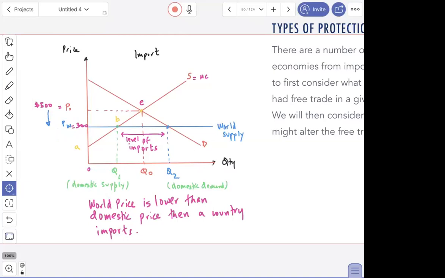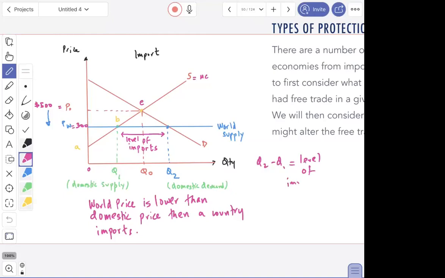Q2 is, so let me write this. Q2 minus Q1 is your level of import, of which Q2 is domestic demand, DD is domestic demand, Q1 is domestic supply, DS is domestic supply, and therefore Q2 minus Q1 is your level of import.